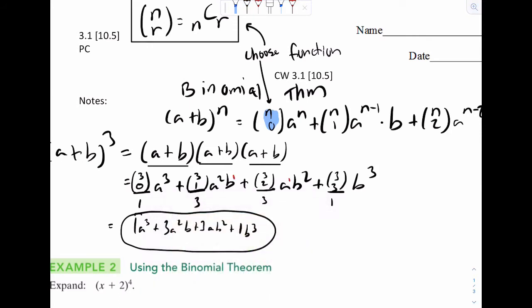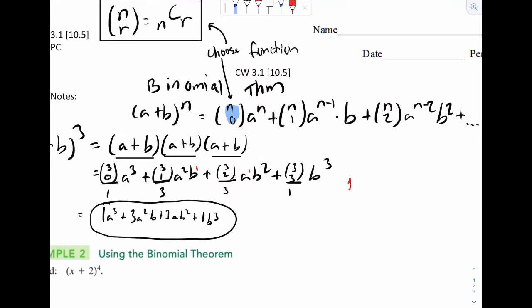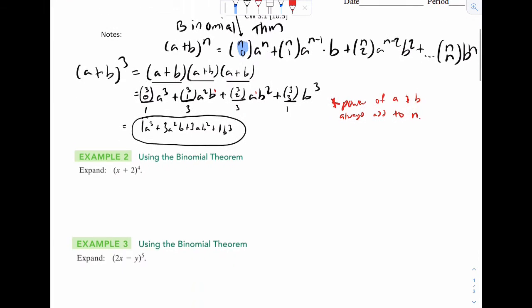Notice how the powers always add to n, this beginning number. So for your notes, what you want to do is put a little star here. The powers of A and B always add to n. It's a very nice trick we're going to use later.